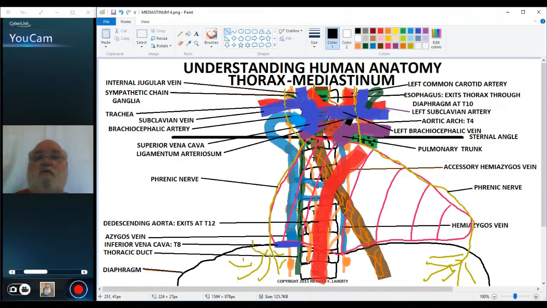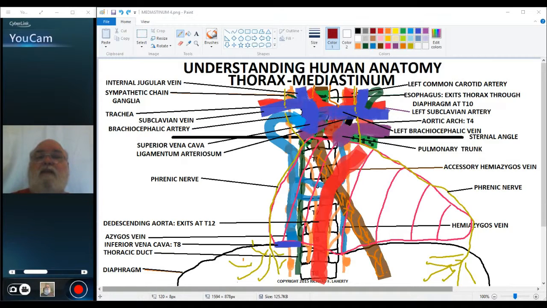And there is one significant structure, and how large and significant it is depends on one's age. And that is the thymus gland. The thymus gland is very large in newborns and in children up to the age of puberty.